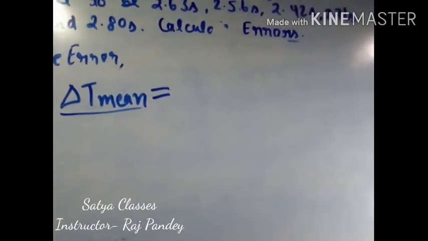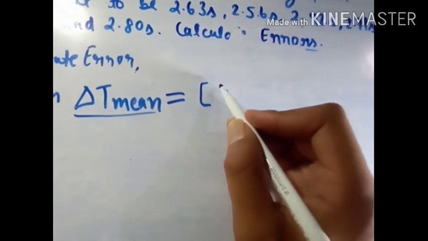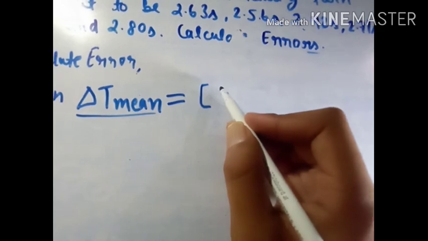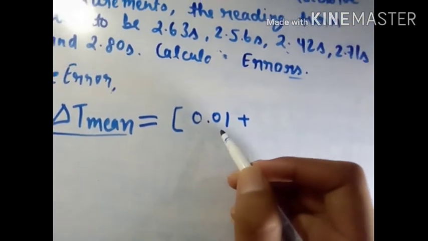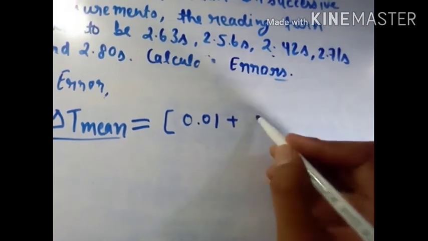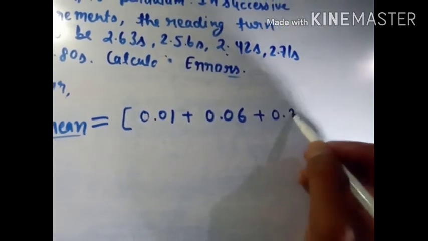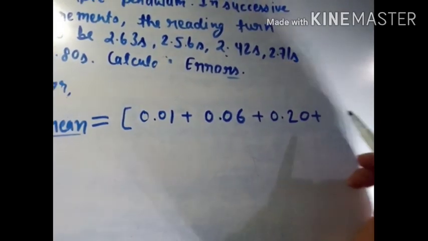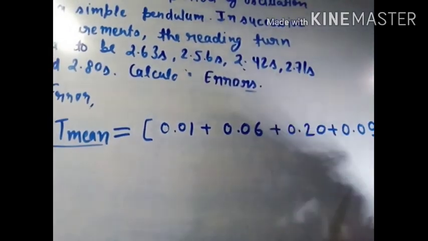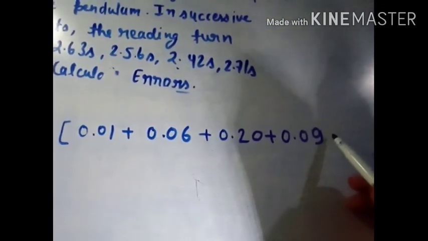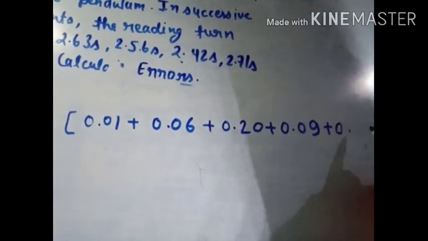So let me write them down again, only with positive signs. 0.01, then 0.06, then 0.20, this value I am taking as positive, then 0.09, and the last value is 0.18.